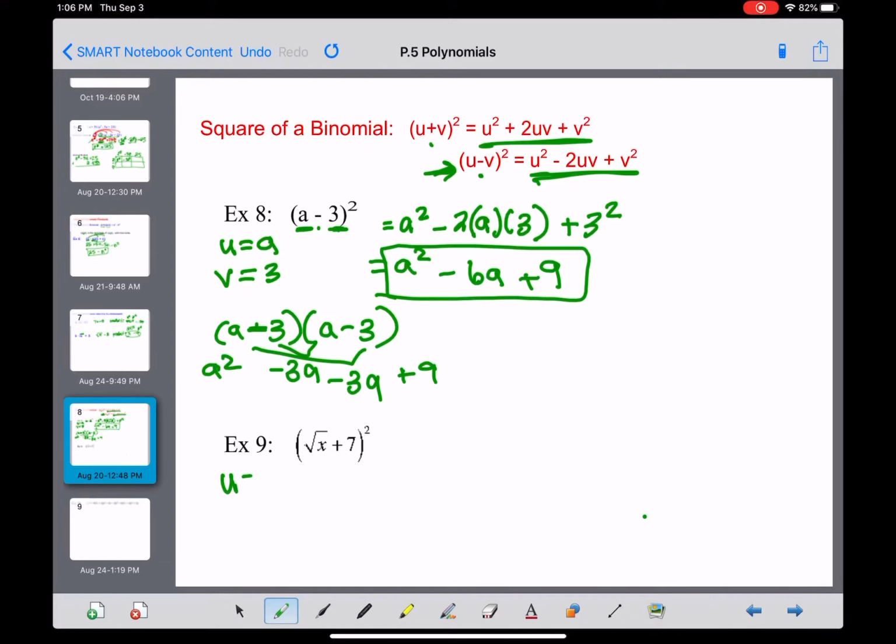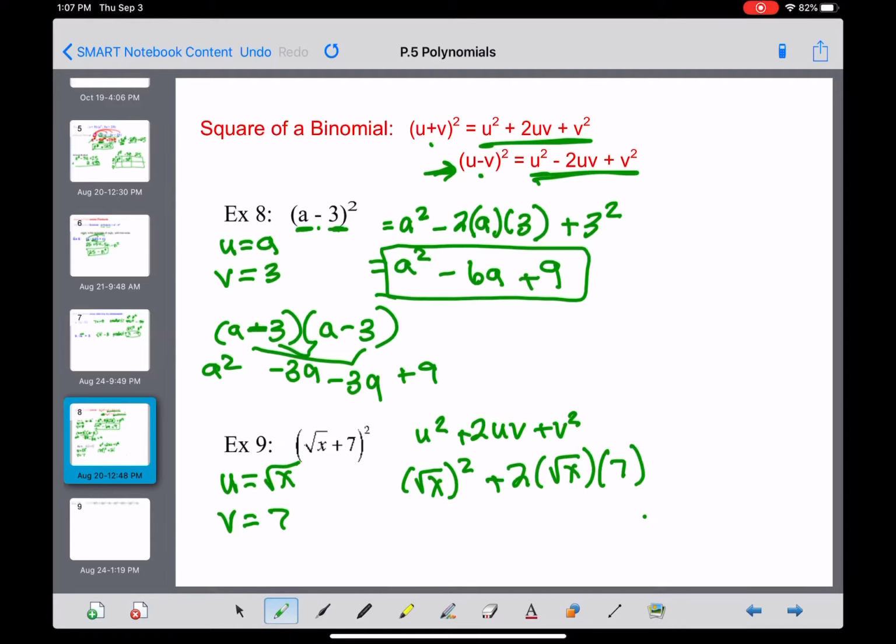So u is going to be the square root of x, and v is going to be 7. Now we're looking at u squared plus 2uv plus v squared. So u squared, square root of x squared, plus 2 times square root of x times 7, plus 7 squared.